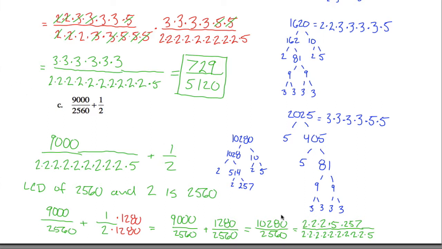So I can reduce now. I can cancel out this 2 and this 2, this 2 and this 2, this 2 and this 2, this 5 and this 5. And what I'm left with for my final answer is just the 257 in the numerator. And in the denominator, 2 times 2 is 4, times 2 is 8, 16, 32, 64. 257 over 64. What a mess.